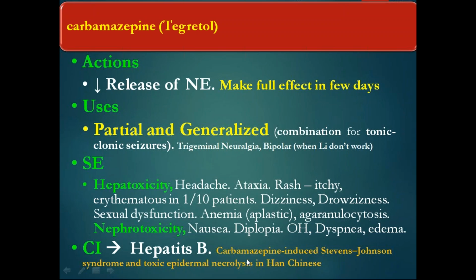Another thing here is that if the patient is Asiatic or from Asia, carbamazepine has a specific side effect for this group of the population. The Chinese or Asian population have problems of necrosis of the skin. It's Stevens-Johnson syndrome, and it is actually produced mostly in the Asian population. So be careful with people who have this background.